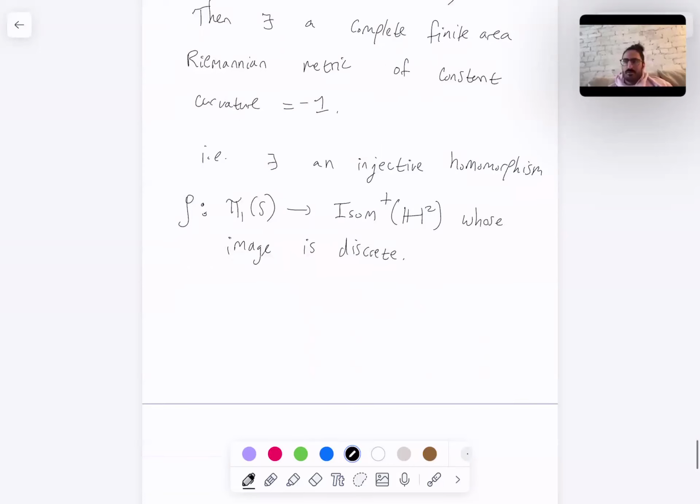So this is a more Lie group theoretic geometric structure way to say this, as opposed to a more Riemannian geometry way to say this.